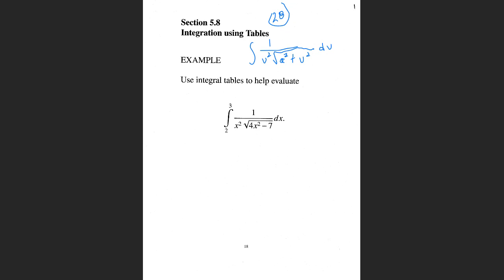So, we have a variable squared here, that's the u squared, and then we have a constant squared.